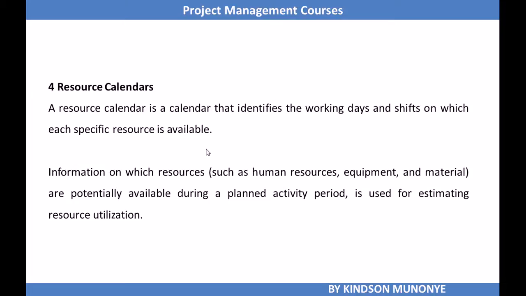Another input we need is resource calendars. We need the resource calendar to estimate activity resources because the resource calendar identifies the working days and shifts on which each specific resource is available. Information on which resources, such as human resources, equipment, and materials, are potentially available during a planned activity period is used for estimating resource utilization.